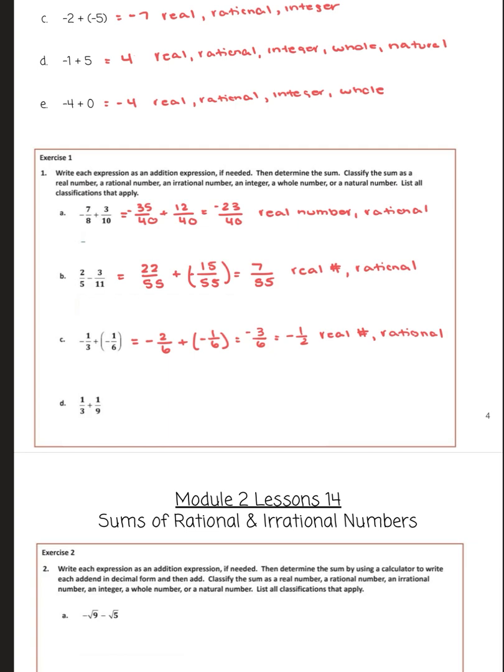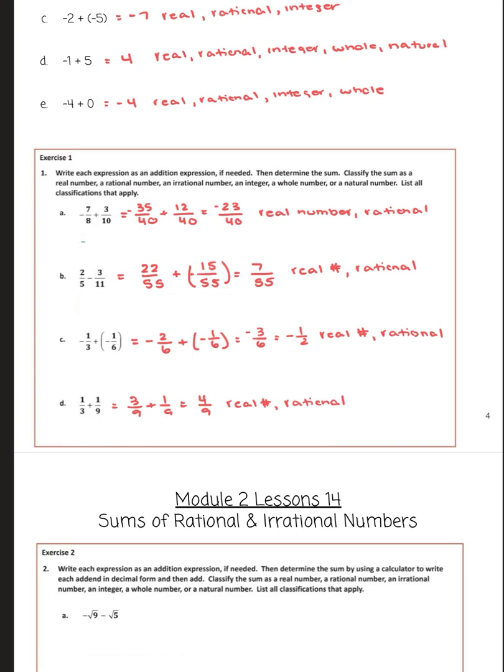All right, for D, we have 1/3 plus 1/9. They both have a common denominator of 9, so my 1/3 now becomes 3/9 plus 1/9, which gives me 4/9, which is a real number and rational.